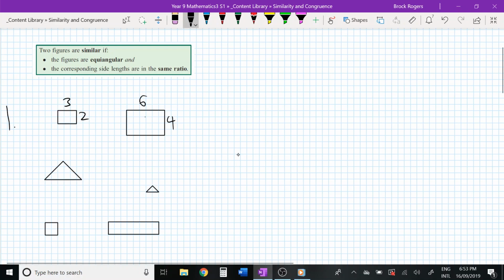What we do is find a ratio of the sides. Let's say we're finding the ratio of the width here. We have 6 over 3, divided to give us 2. We need to see that we have the same ratio as when we are dividing the length, where we have 4 divided by 2, and lo and behold, we have a ratio of 2.